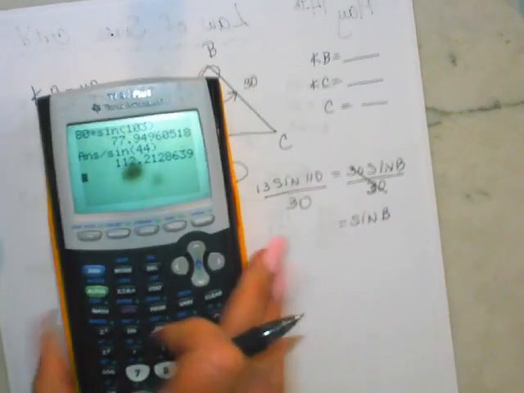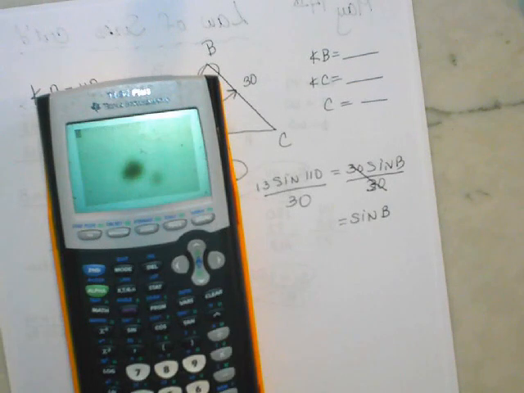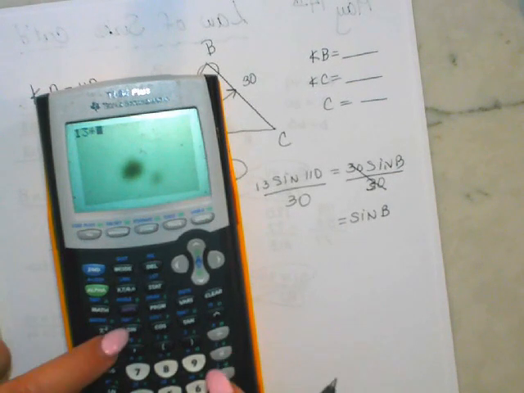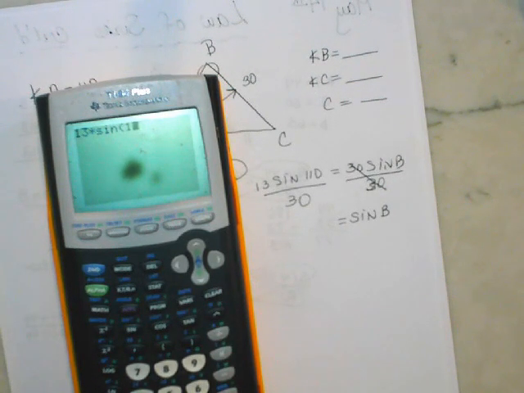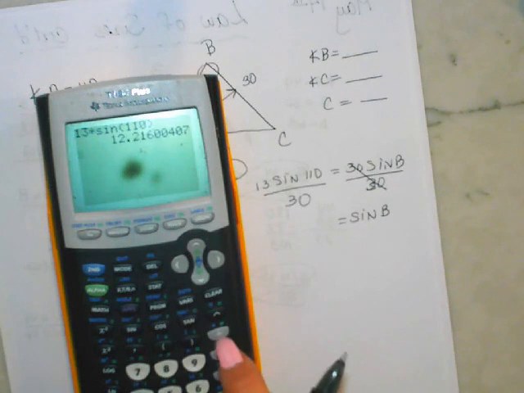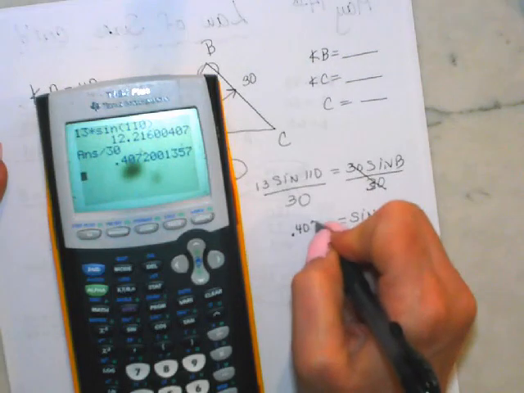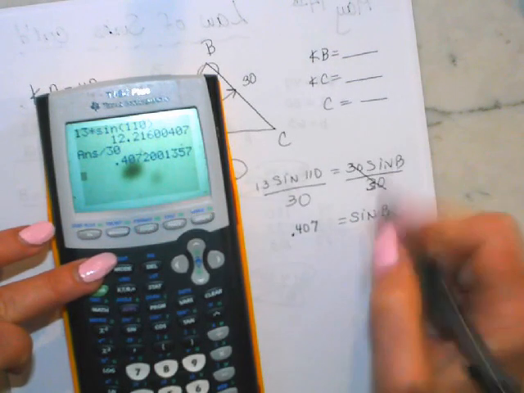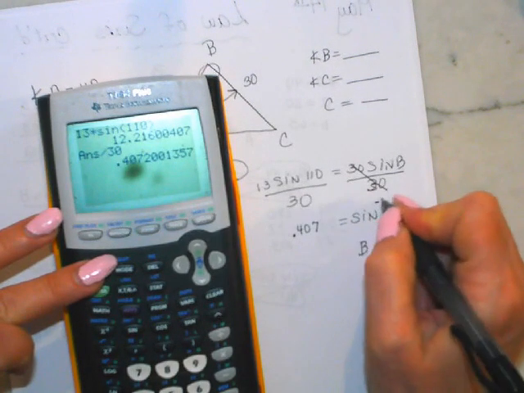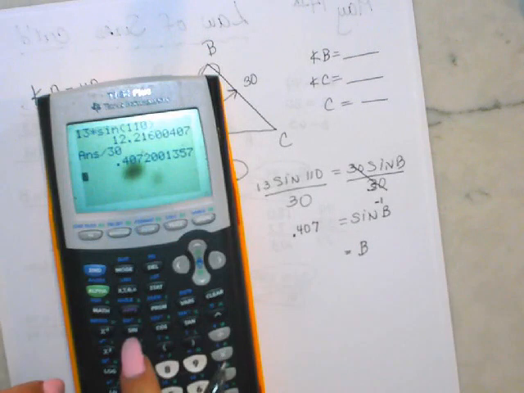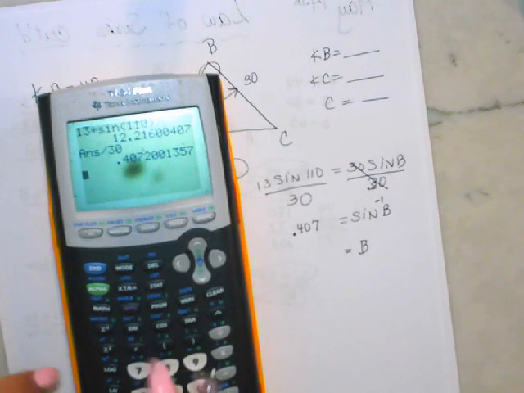So, sine of B. So, grab out my little calculator. I will do 13 times the sine of 110 and then divide it by 30. And I get it to be 0.407. And of course, I need the angle. Remember, I need to do the inverse sine, the negative one that's on the sine button.